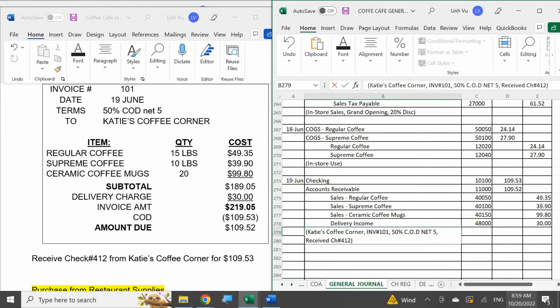Good. So this one has a lot of transactions related to it. First, let's break it down. Now that we sold to Katie, what are you going to do next?